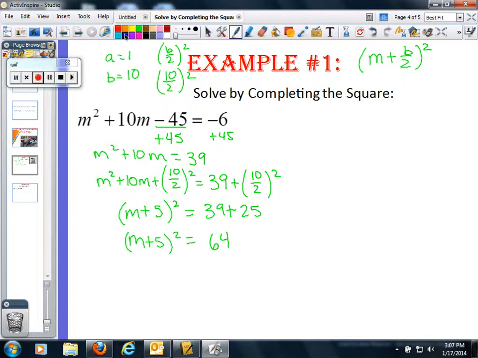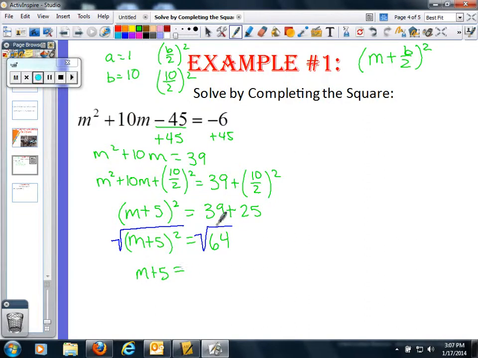Now we're going to solve. Okay? Now in order to get rid of a square, I have to do the opposite. Just like when you're going to get rid of multiplication, you have to divide. So in order to get rid of a square in the exponent, I'm going to have to take the square root. So that's going to give me m plus 5 equals. Now, here's the trick.